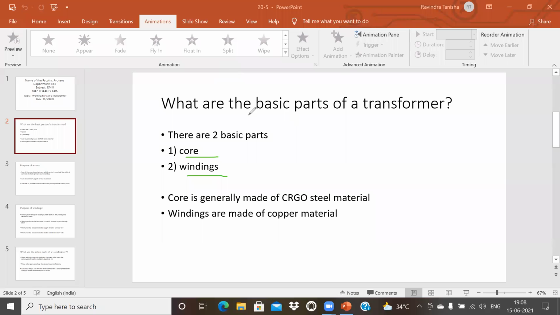Similarly, if there is no winding part, you cannot have the flow of current through the primary and secondary. That's the reason the core part and winding part both play a major role in the construction of a transformer and also in the working of the transformer.